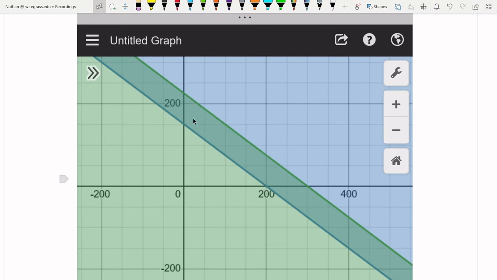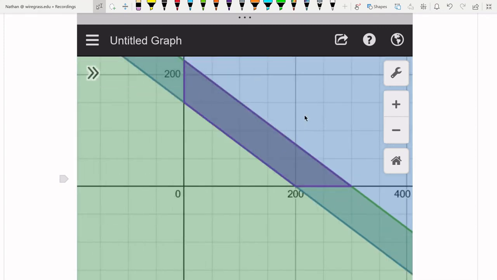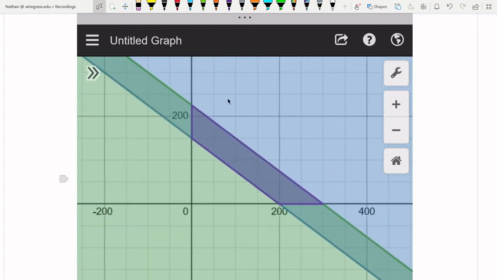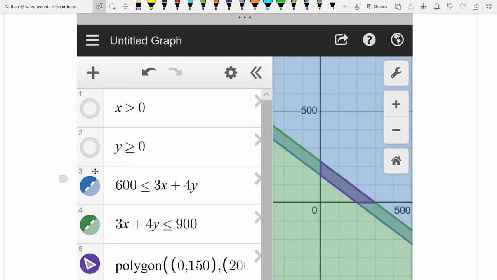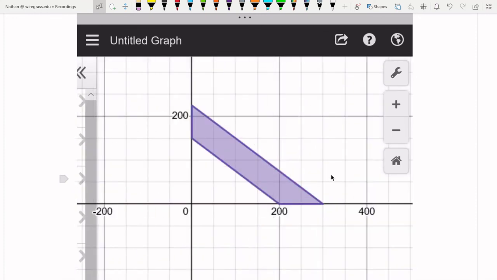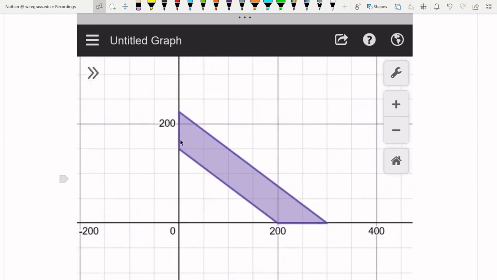That means we're restricted to this one little band right here. Let me draw that as a polygon. Okay, there's our feasible region. And I can turn these things off, and here you can see it exactly. This is our feasible region right here.